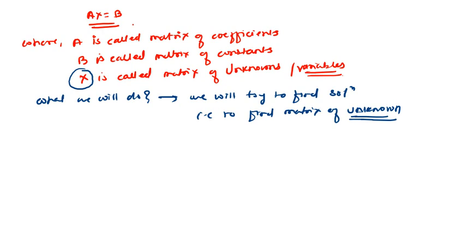of linear equations. Okay, for example, suppose we have the system like this: x plus y minus z is equal to 1, x plus 2y minus 2z is equal to 3. Then suppose minus 2x plus y plus z is equal to suppose 4.